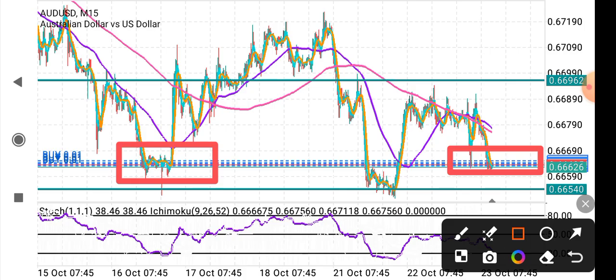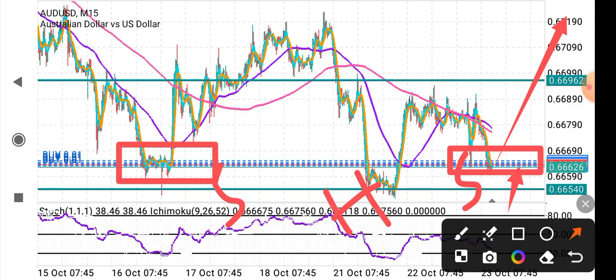So we had a head. This was our head. This a shoulder, this a shoulder. So what do we expect this market to do? Reverse. That is why I did my entry at this region.